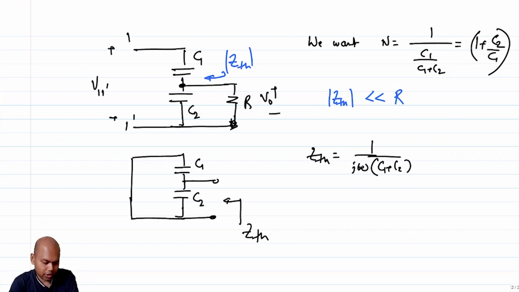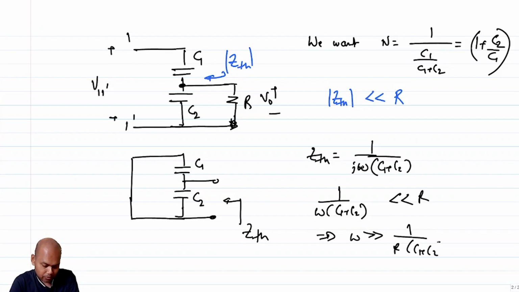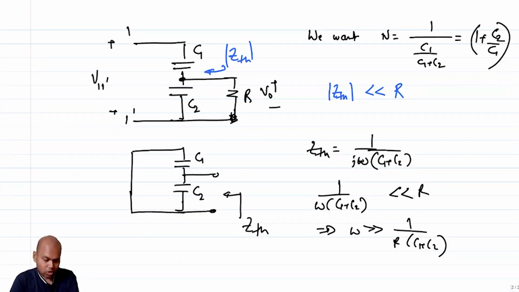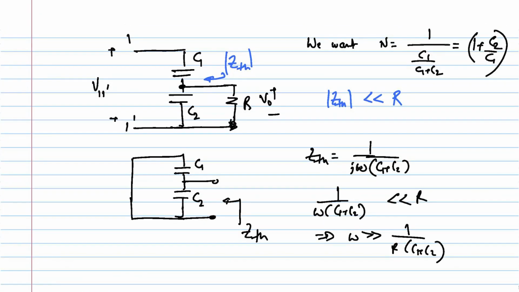All you want to ensure is that 1 by omega (C1 plus C2) is much less than R, or in other words, this is going to operate at frequencies where omega is much greater than 1 over R times (C1 plus C2), right? As long as this is satisfied, your division ratio is independent of omega, correct? So that's good, we have one problem solved.